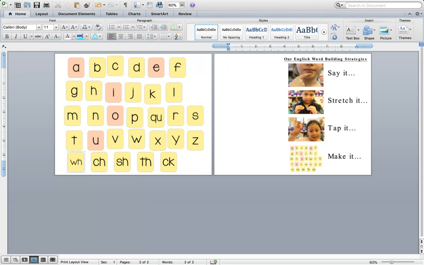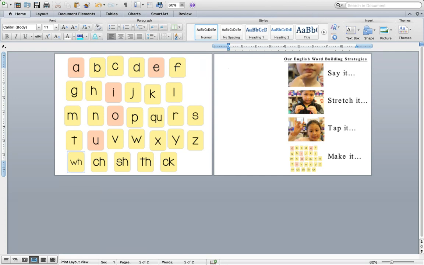Let's stretch it. Whiz. Let's stretch it for that vowel. Itch. Itch. I. Let's tap it out. W, i, z. Which of those three sounds do you think could be a digraph?